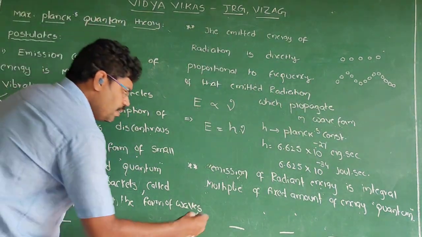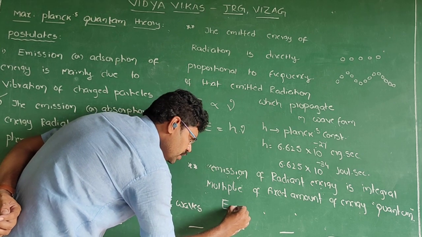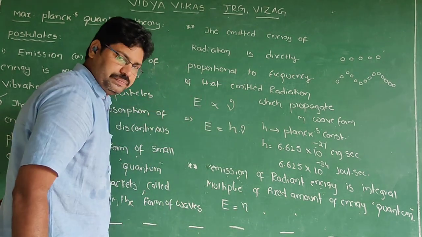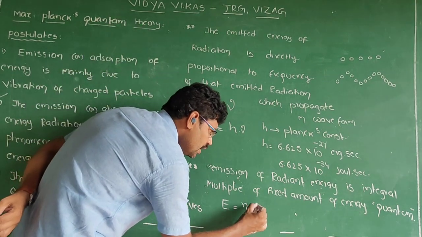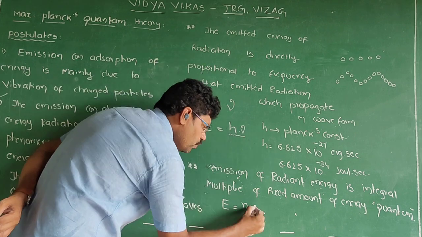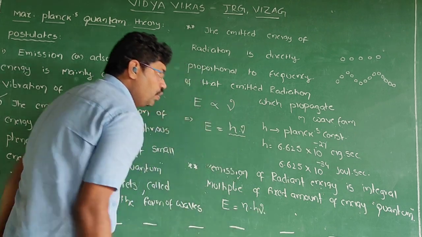Means the emission of energy E is always an integer multiple, means n into some fixed amount of energy, and energy of each packet what we call h nu, dear students.